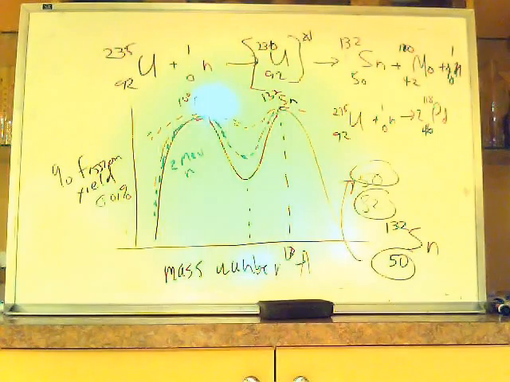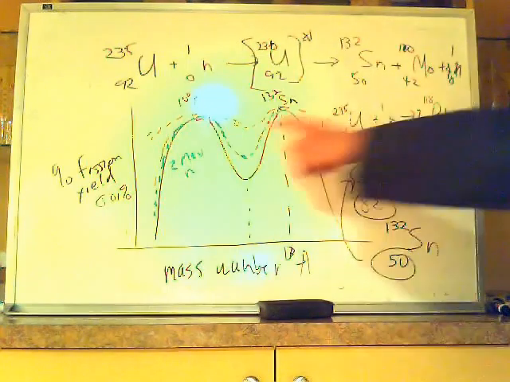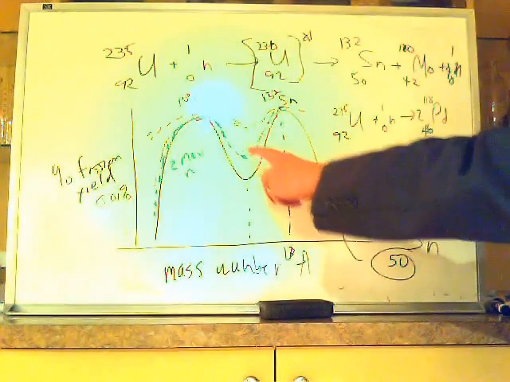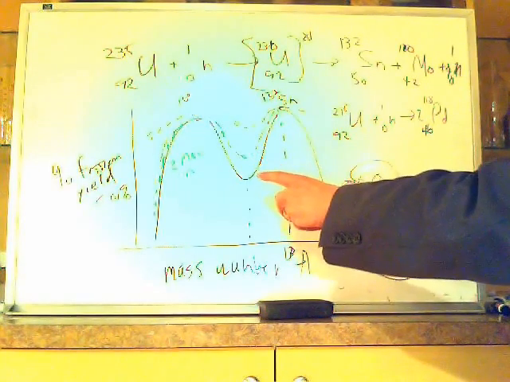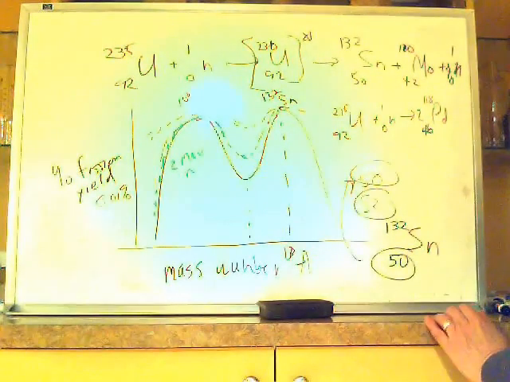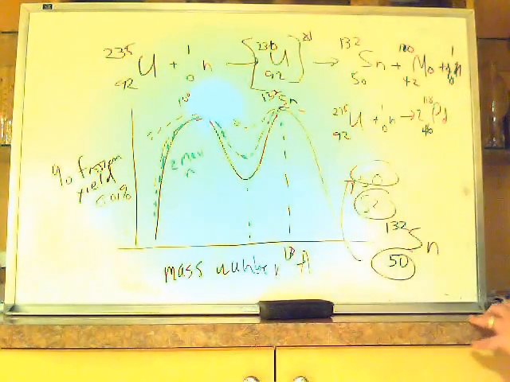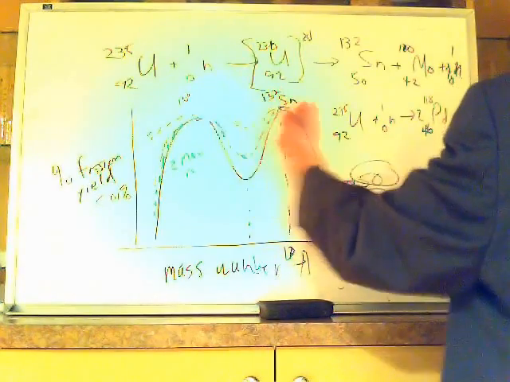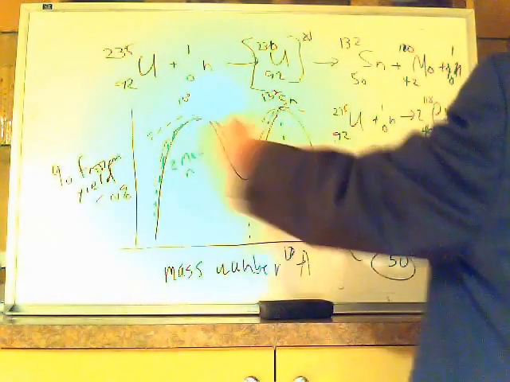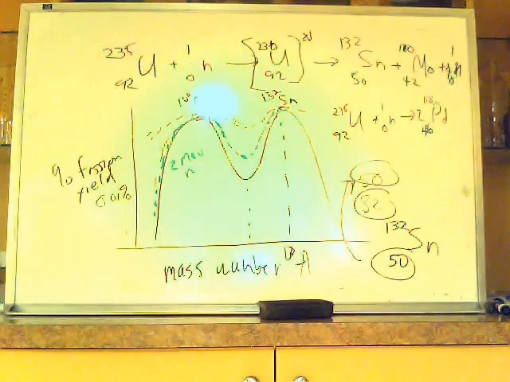Also, I want to call to your attention that if this is uranium-235, you can superimpose on top of that the thermal neutron fission product distribution for plutonium-239, and you find that the entire graph is shifted to the right slightly. That's just something else I call to your attention.